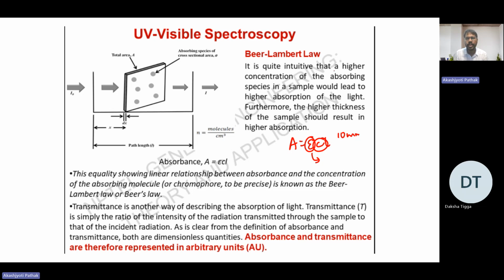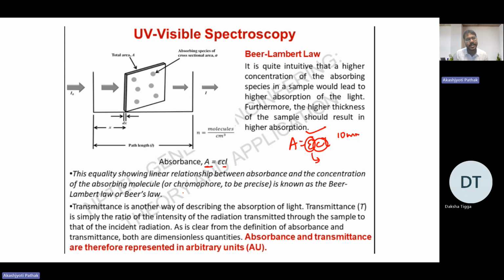So it is quite intuitive that a higher concentration of the absorbing species in a sample would lead to higher absorption of light. And the higher the thickness of the sample, the higher the absorption. So the equality showing the linear relationship between absorbance and concentration is known as Beer-Lambert law.